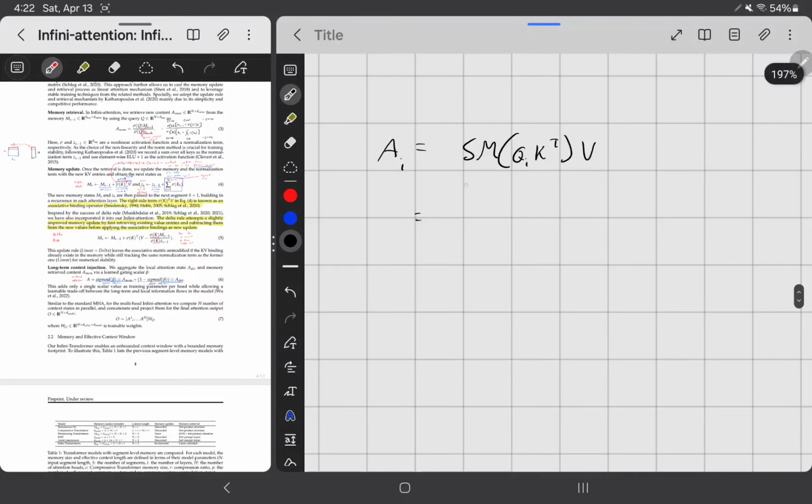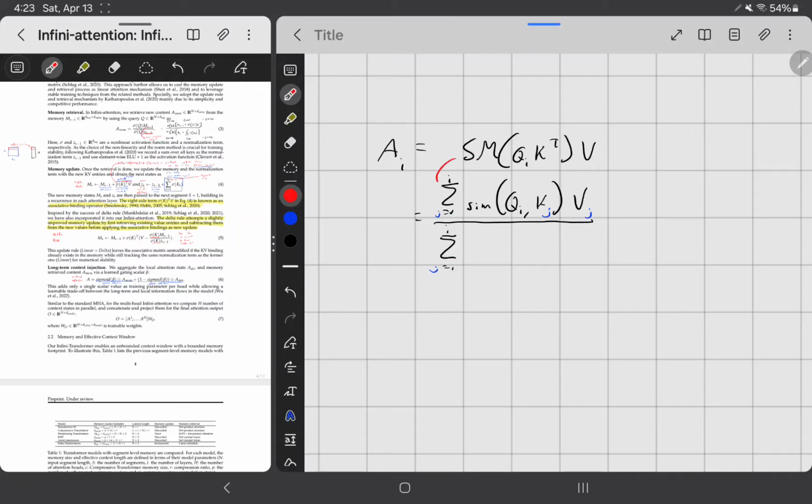So it'll be the sum from j equals 1 to i of the similarity between q_i and k_j, multiplied by v_j, and then you divide this by the sum of j equals 1 to i.